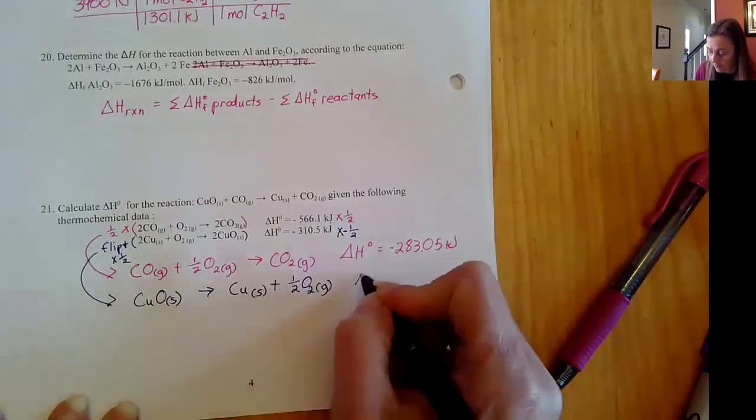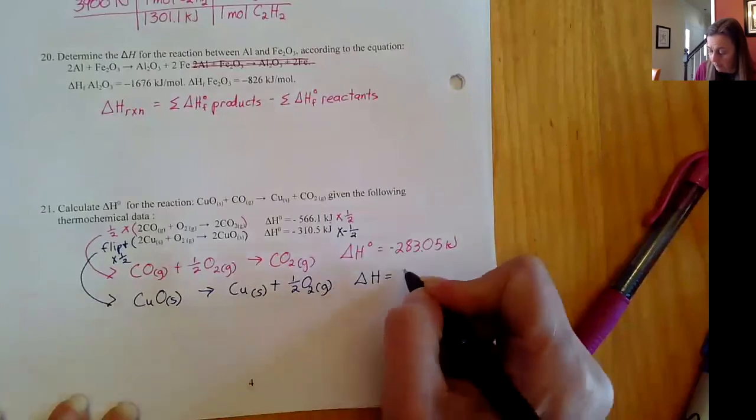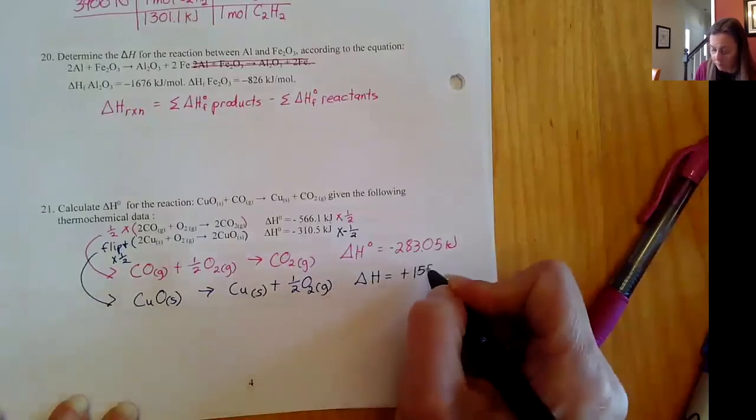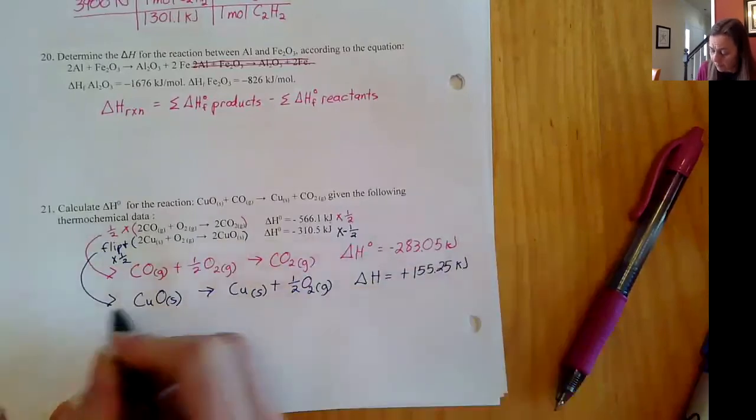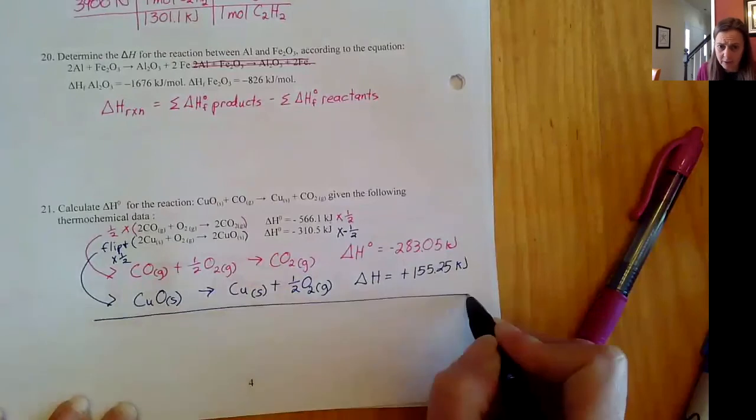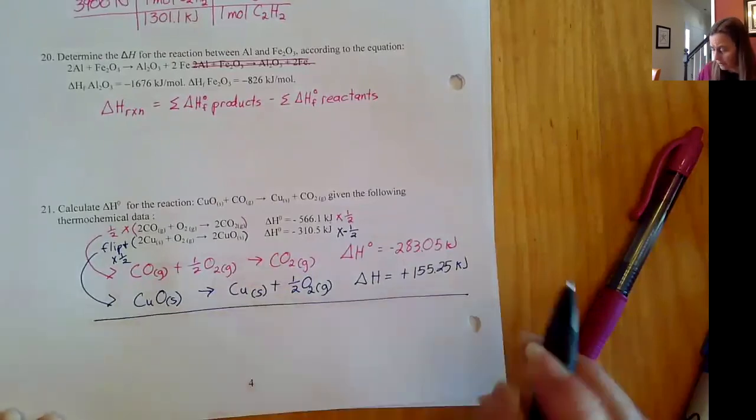and the delta H is going to equal positive 155.25 kilojoules. And now we're simply going to add these equations together and add the delta H's together.